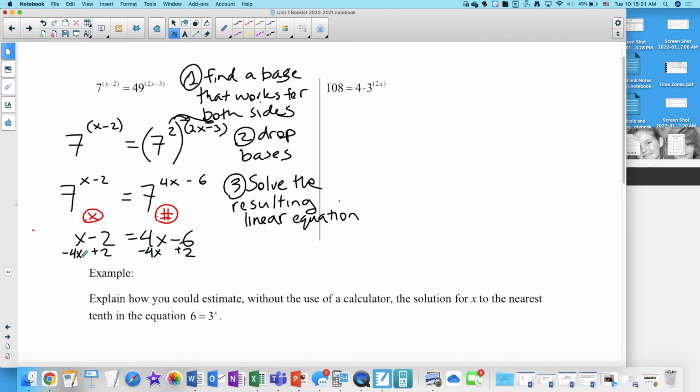I would probably write this on the line below, but I'm running out of space. I can write it down here, I guess. x minus 4x, how much is that? Not quite. It's like you have 1x, and then you take 4 of them away. Negative 3x. Yes. And then on this side, negative 6 plus 2 is negative 4.